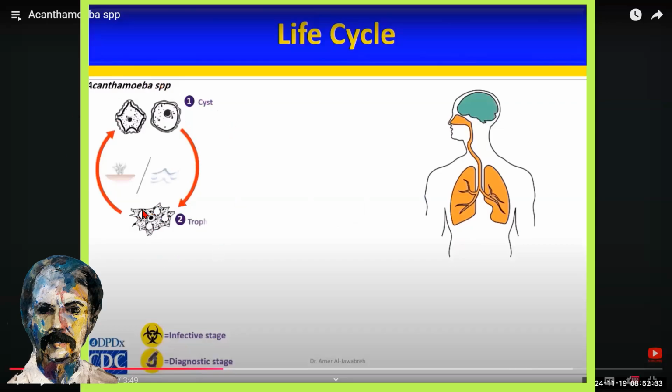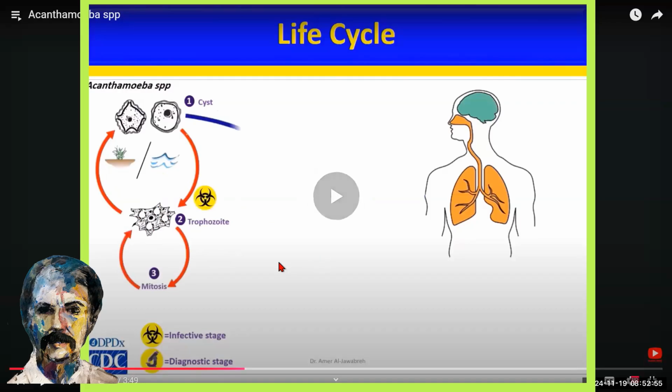This life cycle takes place in the environment. Even the trophozoite, by mitosis, can reproduce and multiply into other trophozoites.